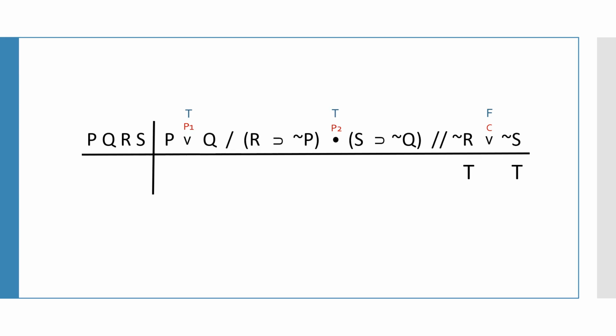Now, the obvious starting point in this case is going to be at the end, because with the disjunction, in order to make it false, I need both terms to be false, both of my disjuncts. And of course, notice my disjuncts are both negated terms, which means the simple terms R and S would have to be true. And once they're true, I can simply negate them to make them both false.